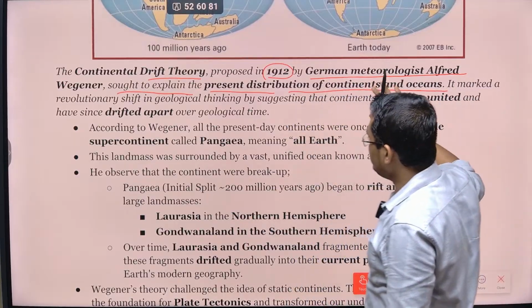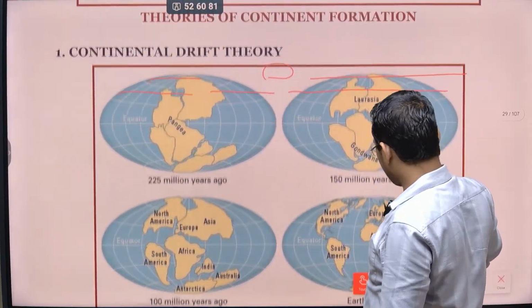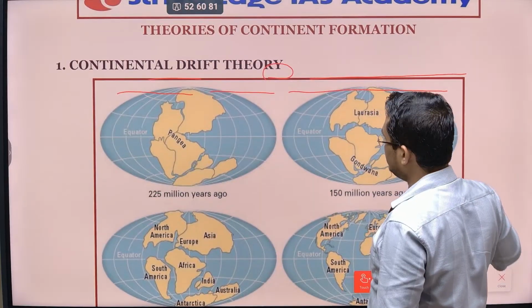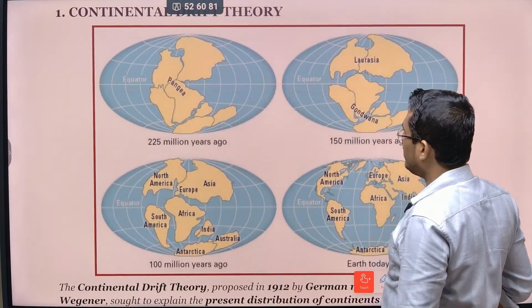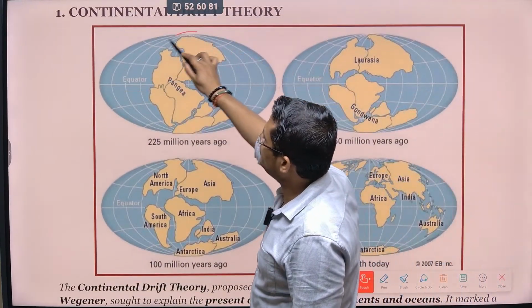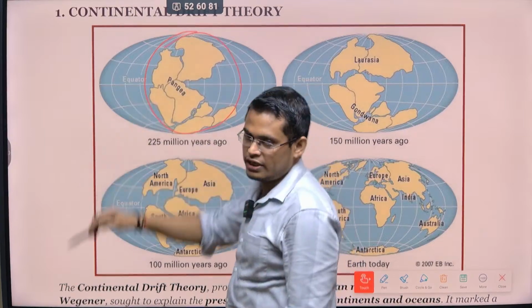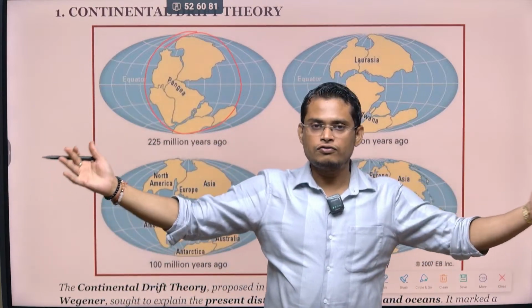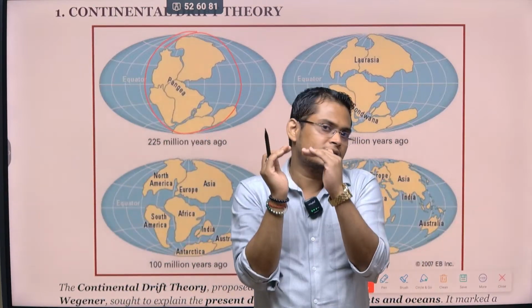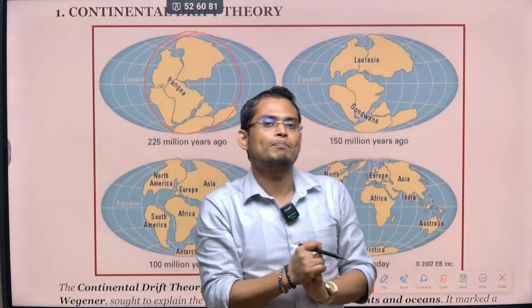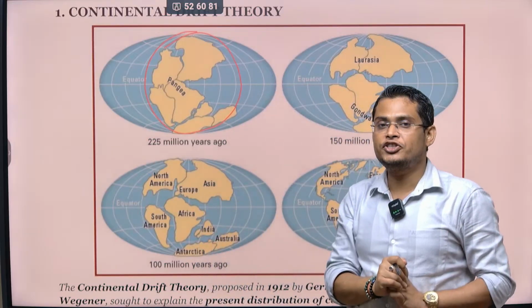According to Wegener, and you can watch this diagram I am explaining, in the initial stage there was a super landmass. In the initial stage, all the land of the world was in one place. This super landmass is called Pangea. What is it called? Pangea.